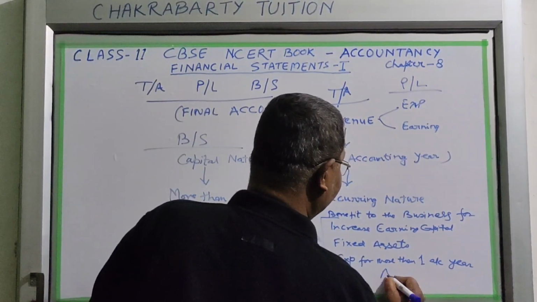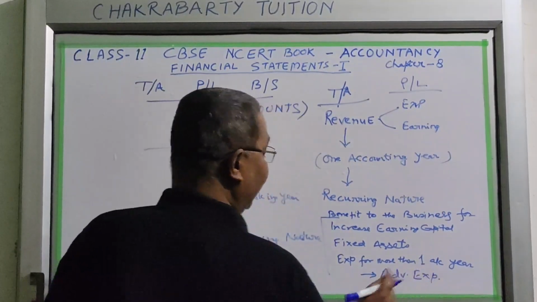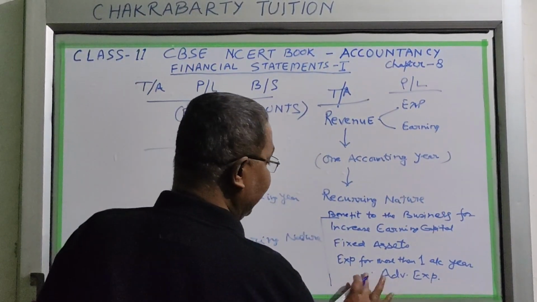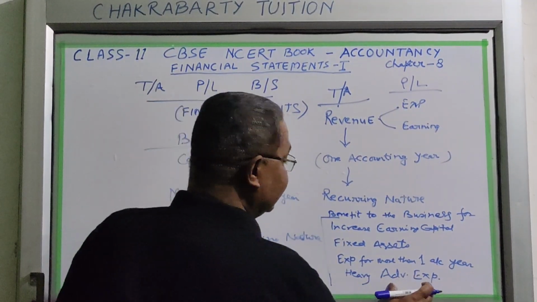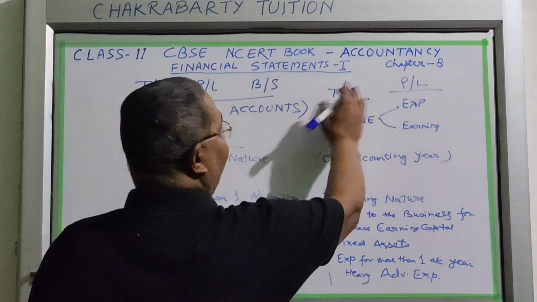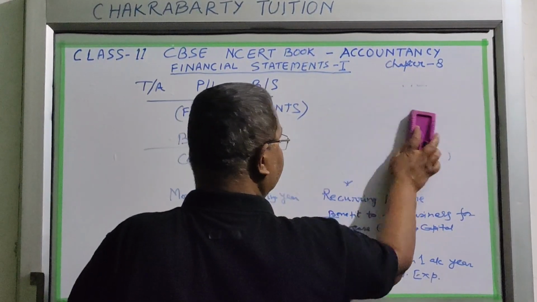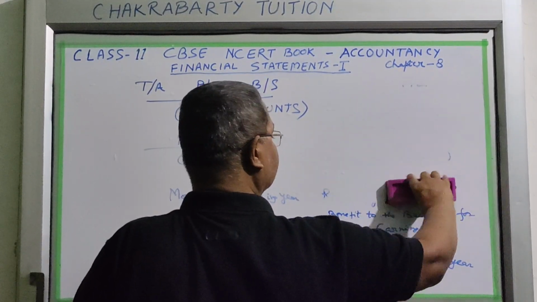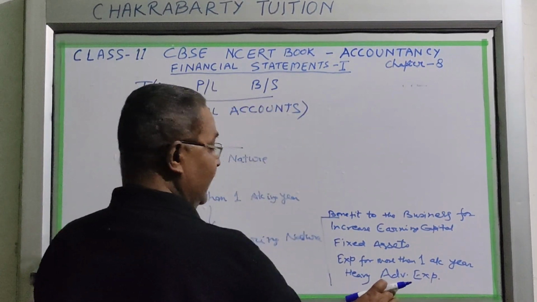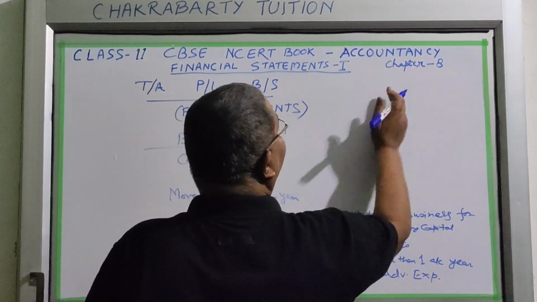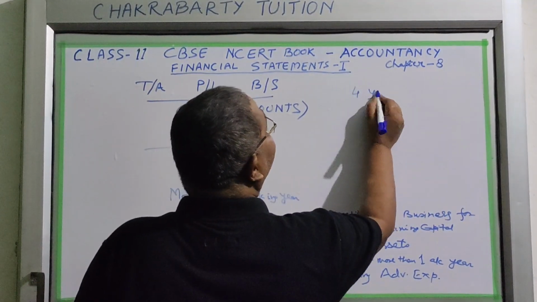Like advertisement expenses, one item that comes to mind. Suppose heavy advertisement expenses. Now I will rub the upper side so that I can write here. So suppose I have made heavy advertisement expenses and its benefit will be for 3 or 4 years. 4 years of benefits will come.